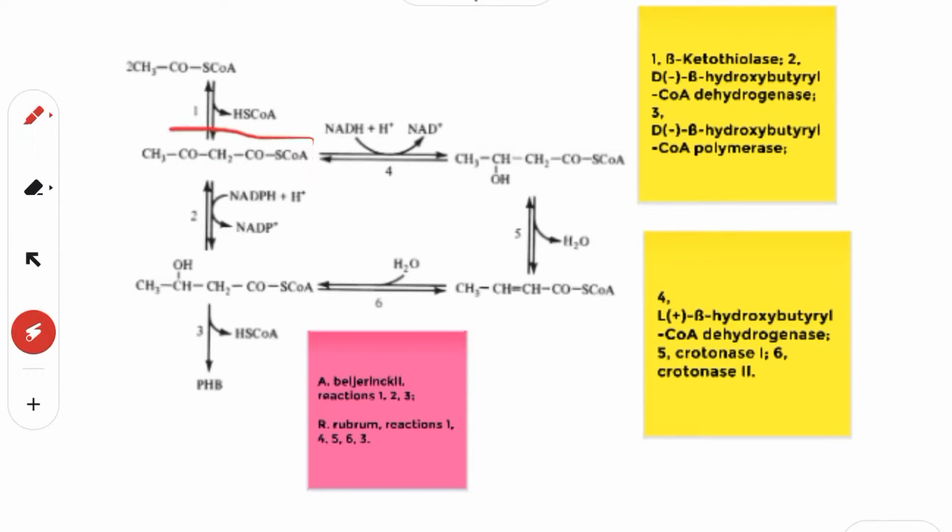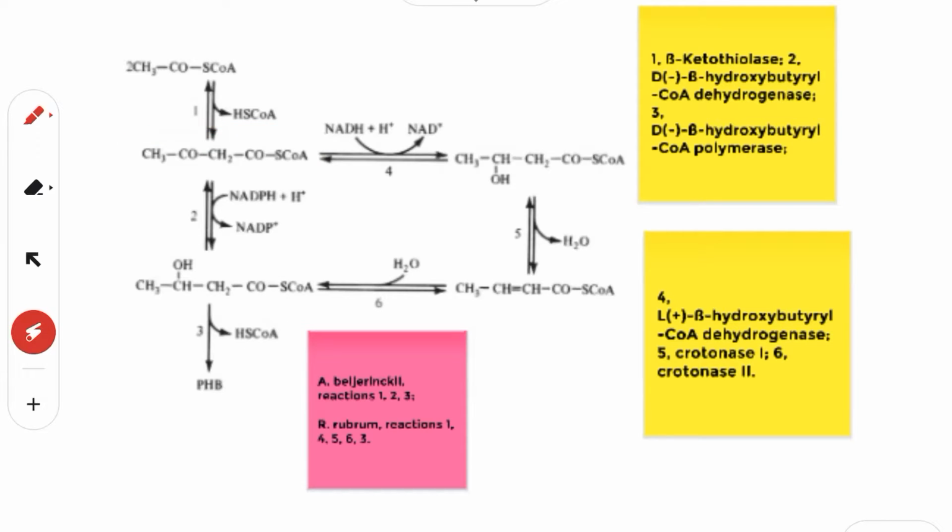So this beta-keto-acyl-CoA is formed from two molecules of acetyl-CoA, and the reaction is catalyzed by the enzyme beta-ketothiolase.